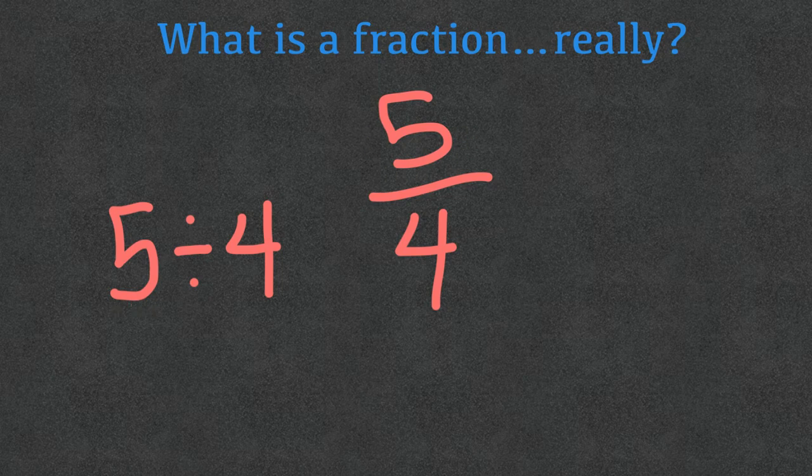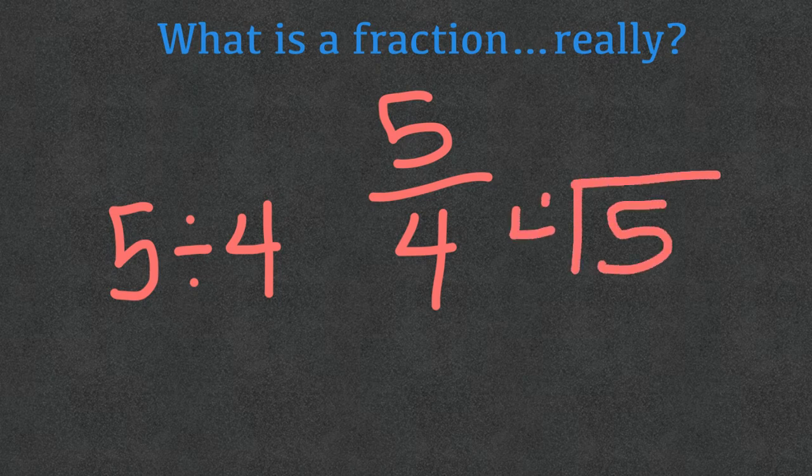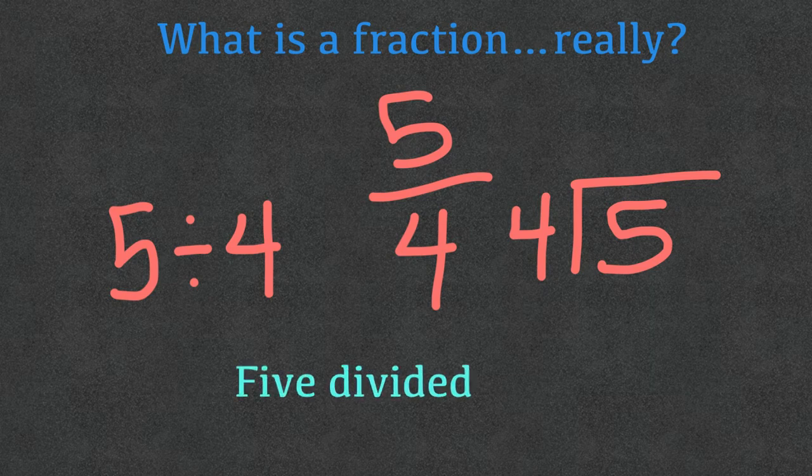So in this case, I would say 5 divided by 4. And then the last one, if we wanted to write it into words, we could say 5 divided by 4.